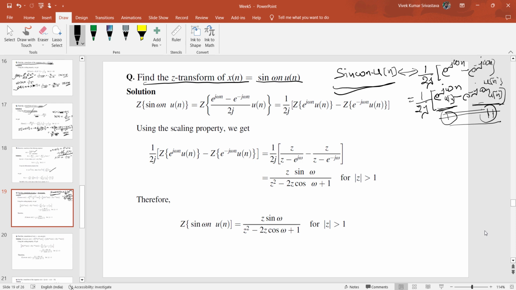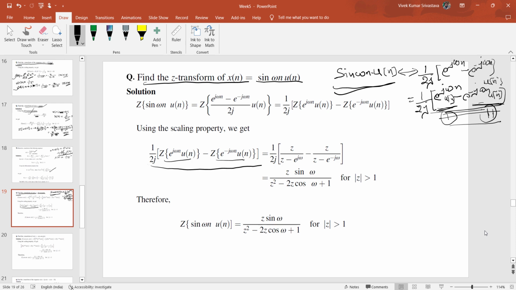So now we will evaluate the z transform of this signal. This 1 over 2j is basically common here, so I have taken this term as common. Now I will evaluate the z transform of these two signals individually.